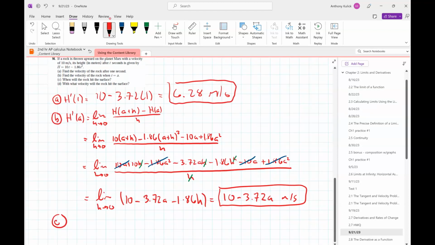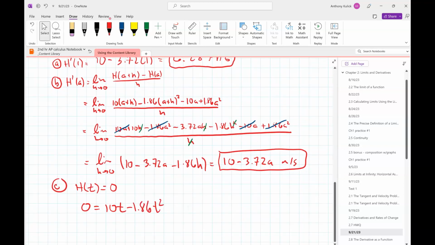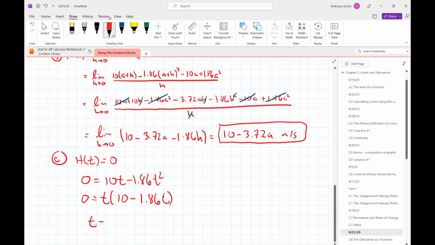C then asks, when will the rock hit the surface? So the height of the rock when it hits the surface is 0, right? So I just need to solve 0 equals 10t minus 1.86t squared. To do that, I'm just going to factor, so I can factor off a greatest common factor of t, and then apply the zero product property.